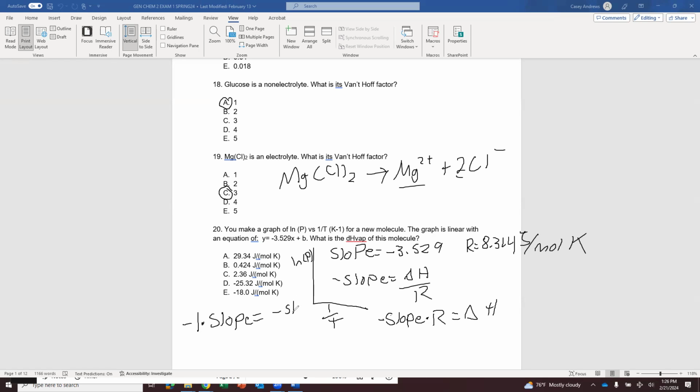Since slope is negative, negative slope is positive 3.529. Multiply that by 8.314. That equals delta H vaporization. And that should be 29.34. All right, so that's 20.